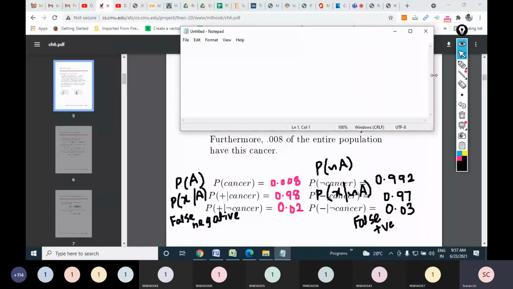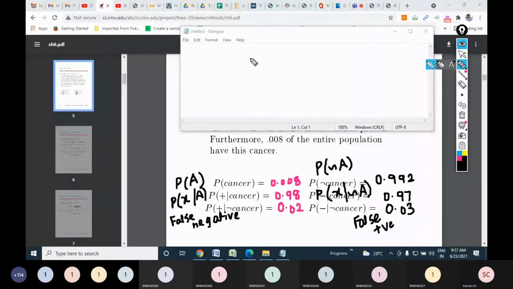Now this is another form of Bayes theorem, right? Now suppose you want to know whether a patient has got cancer or not, and if you have the value of the percentage of the entire population having cancer, and if you know your P of x bar A, P of x bar not A, then you can apply this formula.